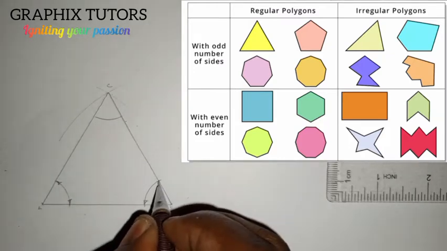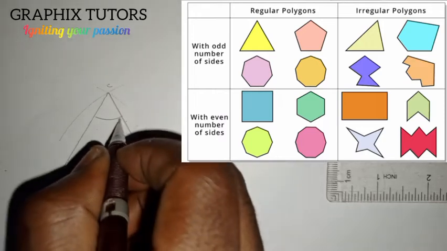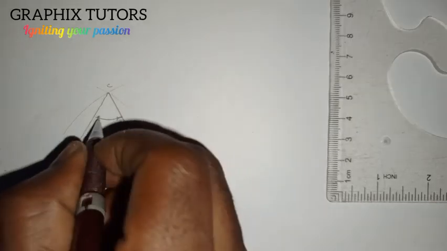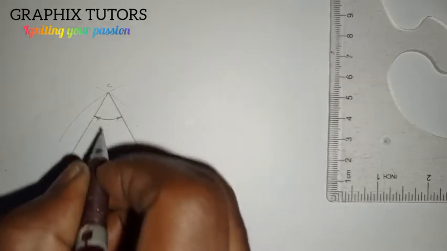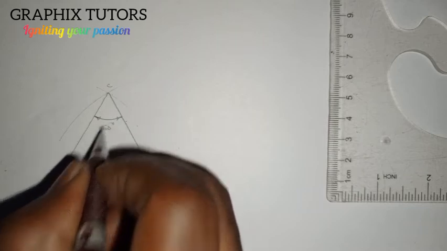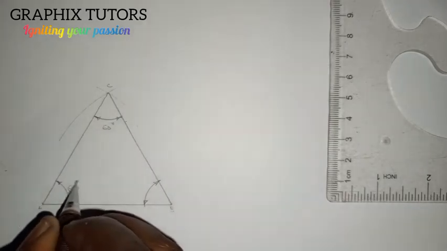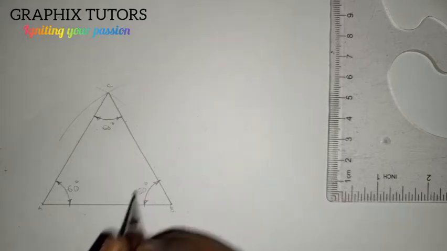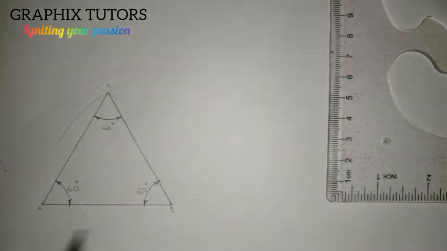All the angles are the same. So this is 60 degrees. This is another 60 degrees. This is another 60 degrees. Is that taken? And the size is 60 millimeters also.